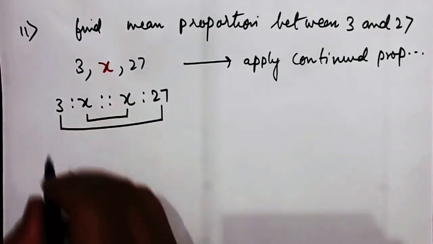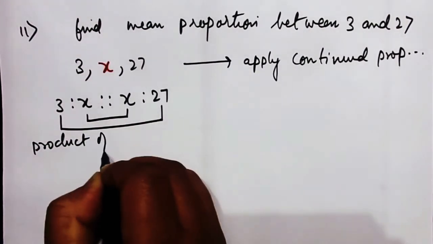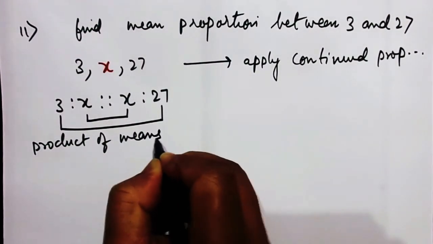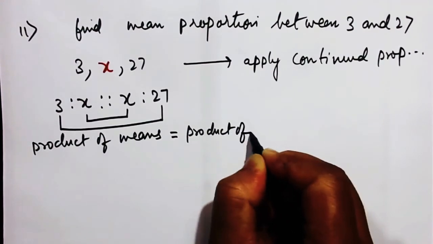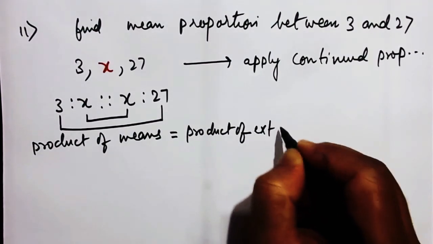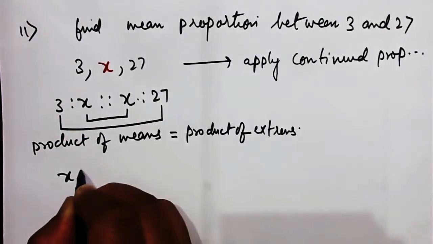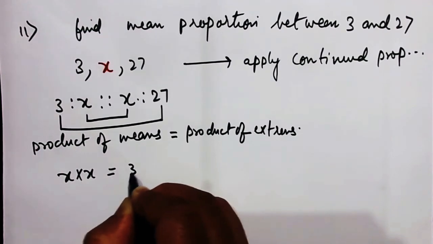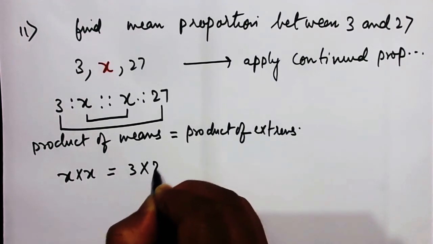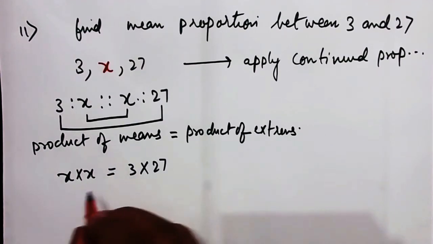So the product of means is equal to the product of extremes. Now x times x is equal to x square. Similarly, 3 into 27 is equal to 81.